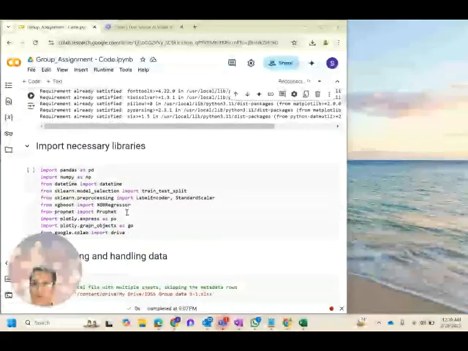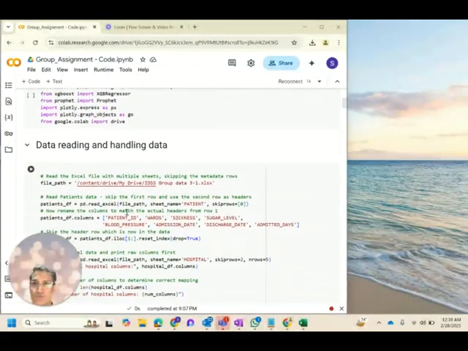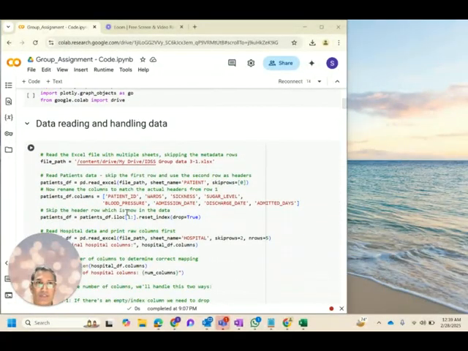So if I go straight to data, in this section the system reads and processes an Excel file containing patients and hospital data, based on our group assumptions rather than actual hospital data. It skips metadata, sets proper headers, and resets the index for consistency.